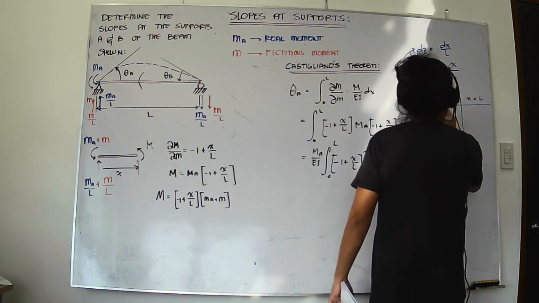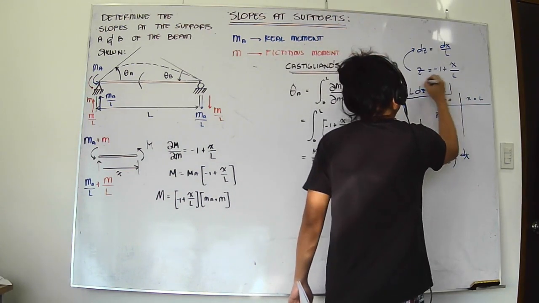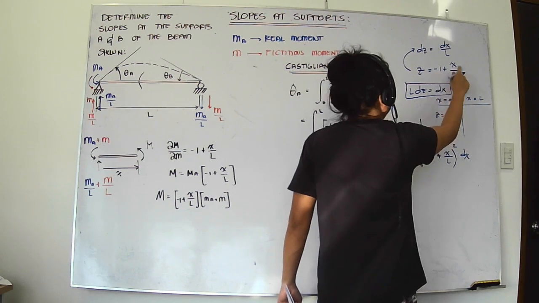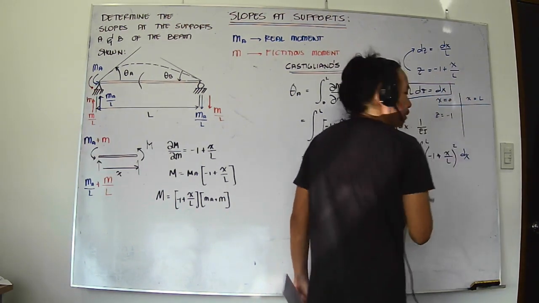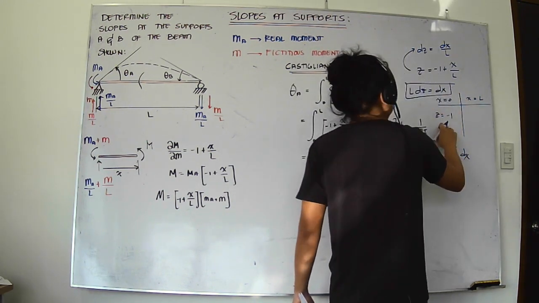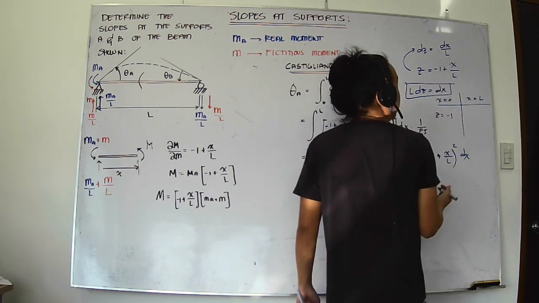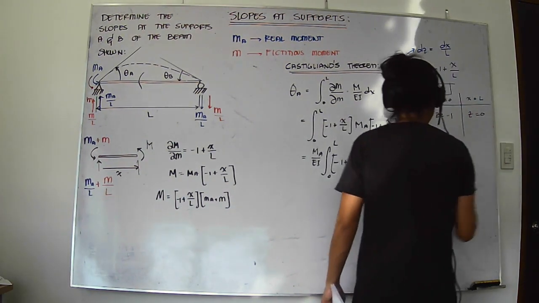Okay? So we have this. What is z? Negative 1 plus 0 over L, that is negative 1. When x is equal to L, negative 1 plus L over L, that is 0.